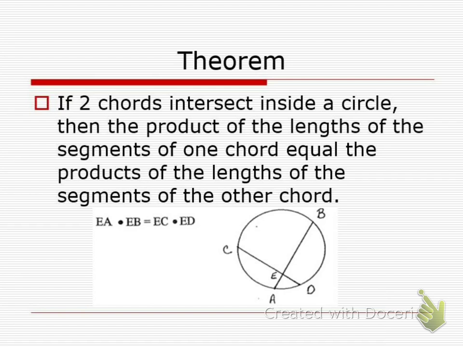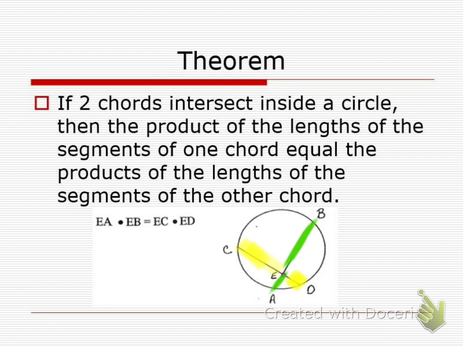They all meet here at this point E. So if you take the two lengths of one chord, EA and EB, and multiply those two lengths together, that's going to equal the number you get when you multiply the two pieces of the other chord together. In this case, that would be EC times ED.